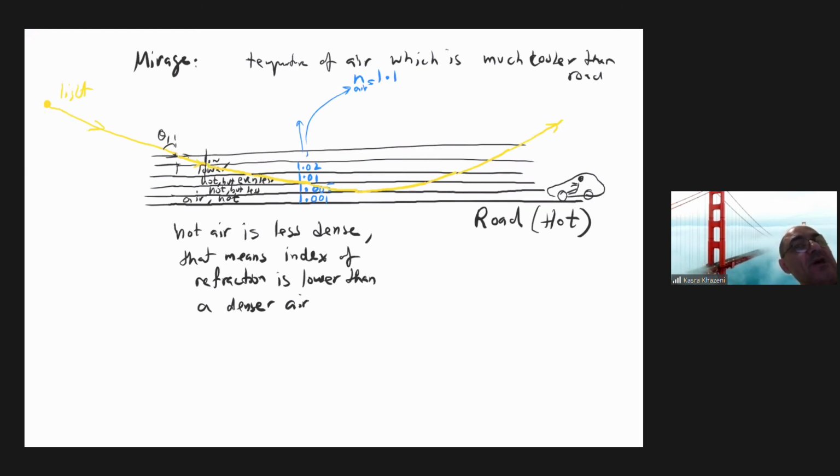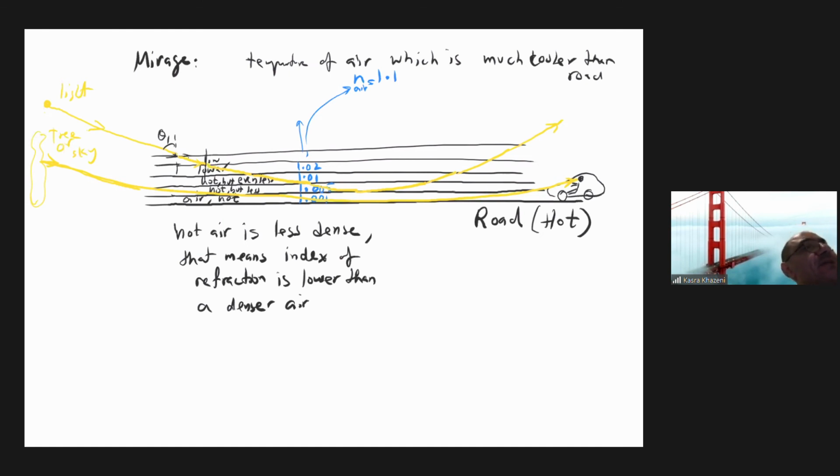Okay, so guess what happens from a beam? If a beam starts from here, it goes here and goes into my eye. And usually whatever is here, let's say there's a tree or sky or whatever that beam came from, goes to my eye.